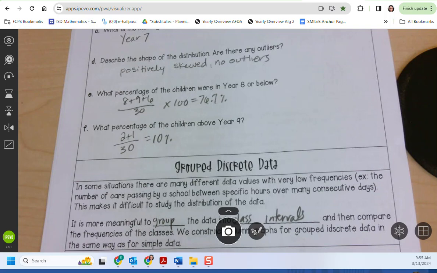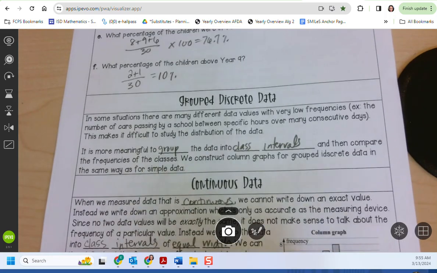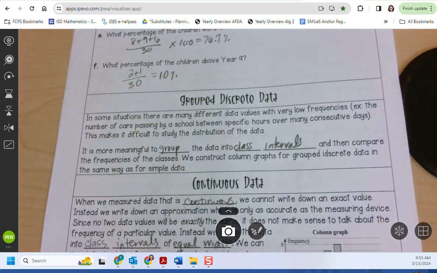Even though these are discrete numbers, I might say how many people have 1 to 5 M&Ms, how many people have 6 to 10 M&Ms. And so those would be class intervals. And then continuous data has to be grouped. When you have continuous data, there is no way to list every single possibility.